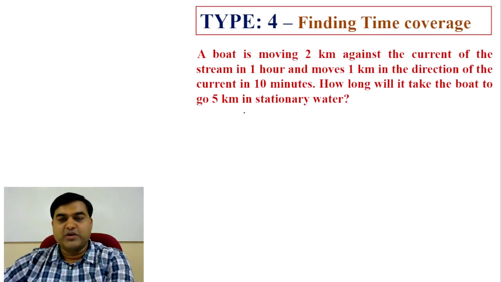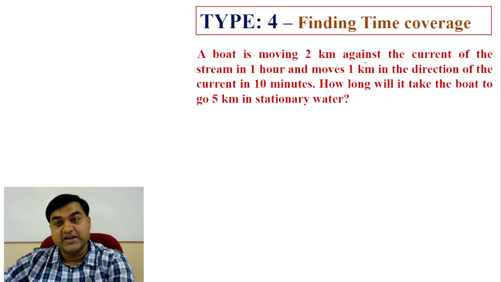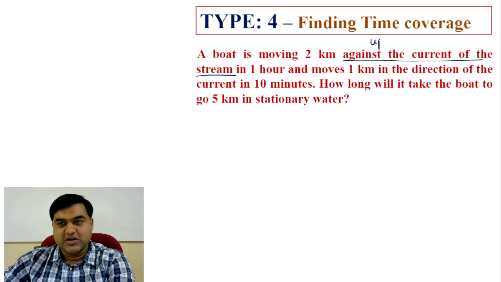A boat is moving 2 kilometer against the current of the stream. That means what? Against the current of the stream means it is nothing but against upstream.